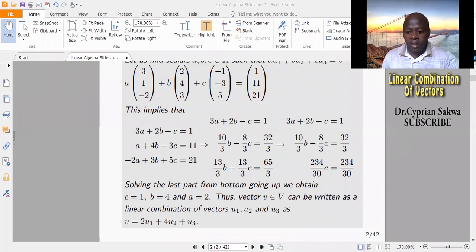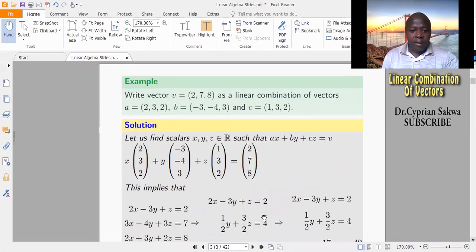Now let's take another example where we apply the knowledge of linear combination. Remember that the only difference is that in the first example, the vectors were given to us in column form, and in this one, the vectors are given to us in row form. But the way we approach it is just the same.